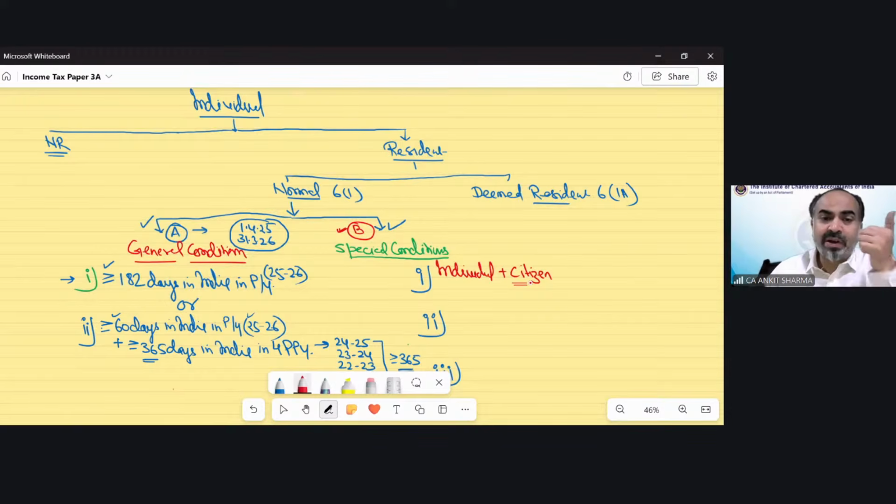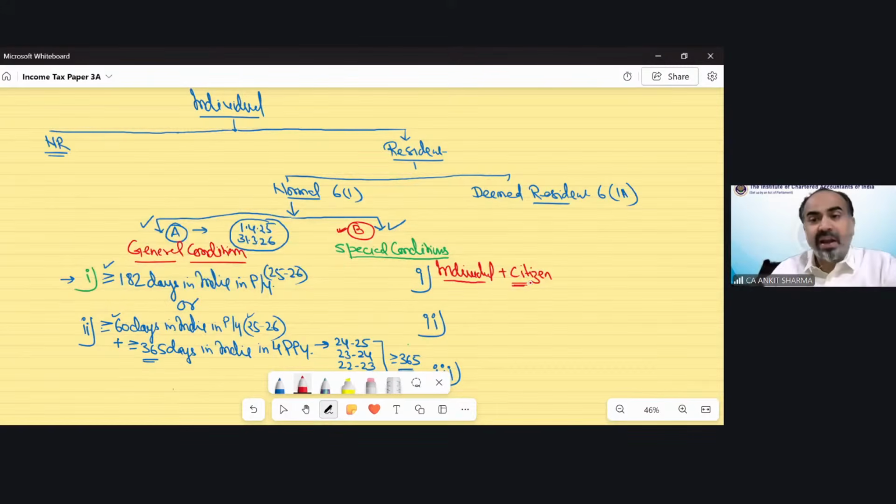If you fall in category A, that's bad news in respect of income tax taxability. We are all individuals and citizens of India, so condition 1 could be applied to me, but it's not yet complete.